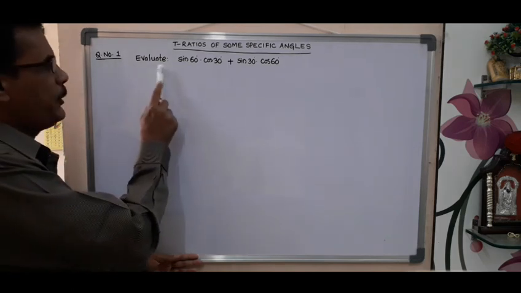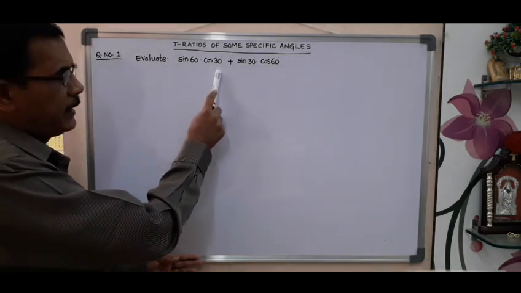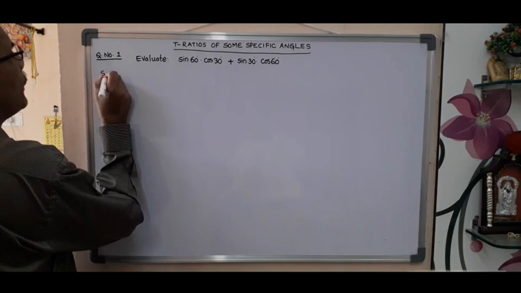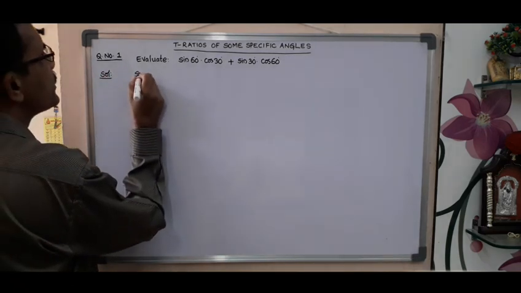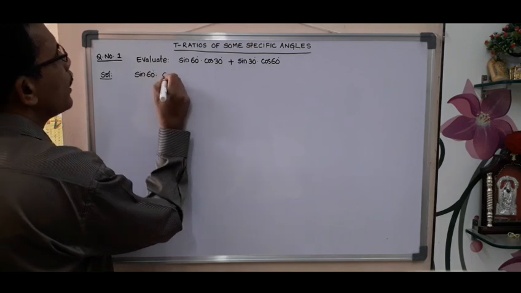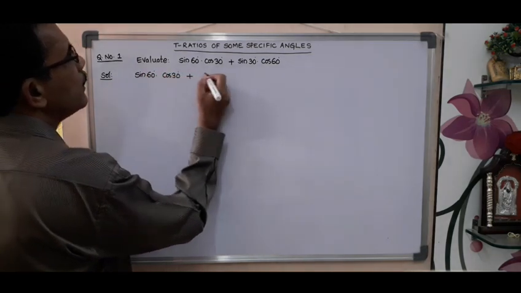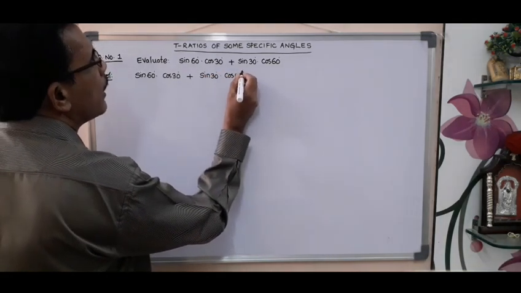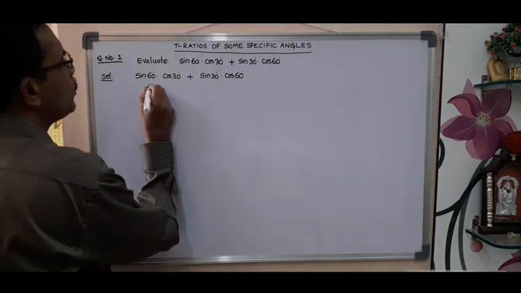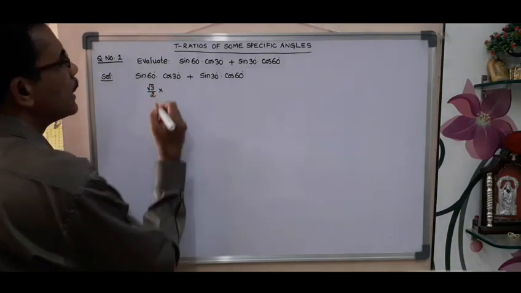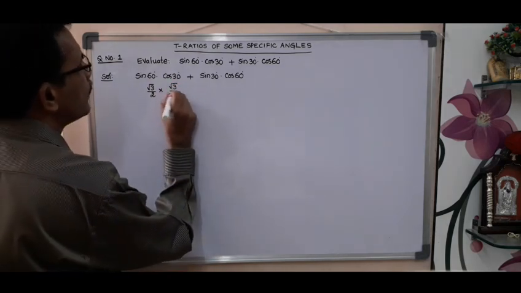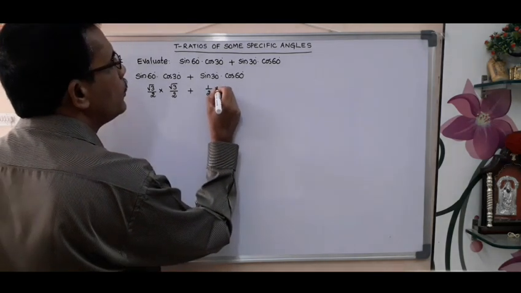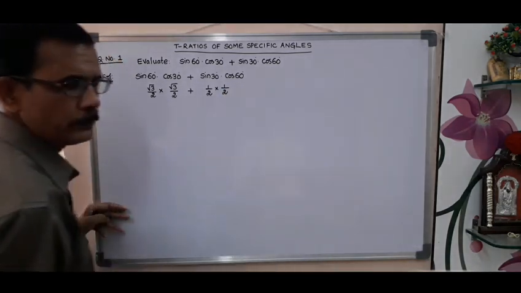Question number 1. Evaluate sin 60 into cos 30 plus sin 30 into cos 60 degrees. Solution. From the table, sin 60 value is root 3 by 2, cos 30 value is root 3 by 2, plus sin 30 value 1 by 2 into cos 60 value 1 by 2.